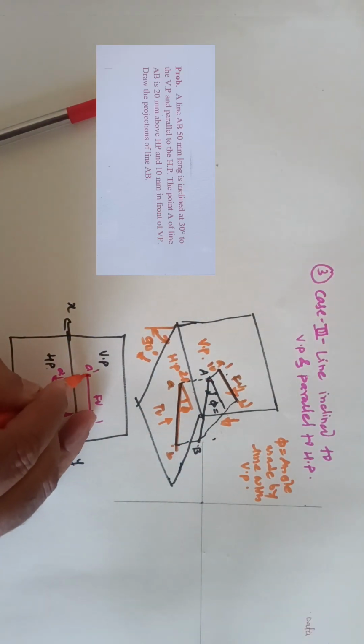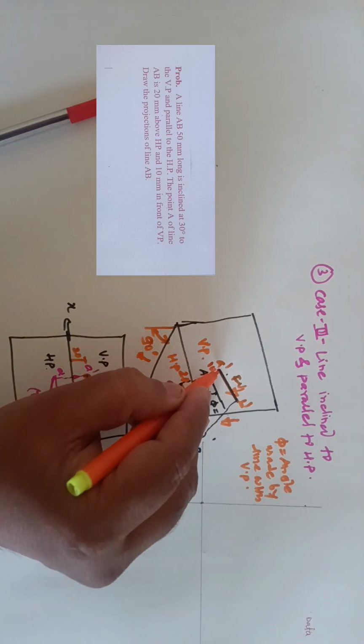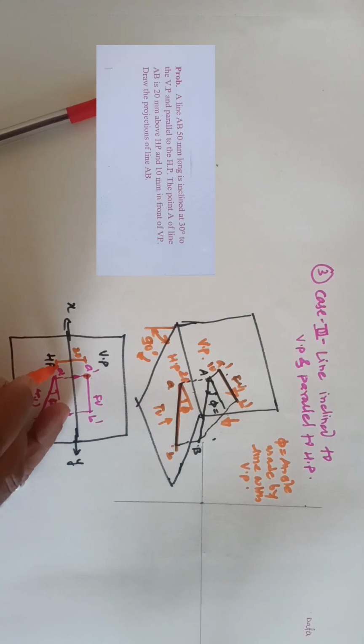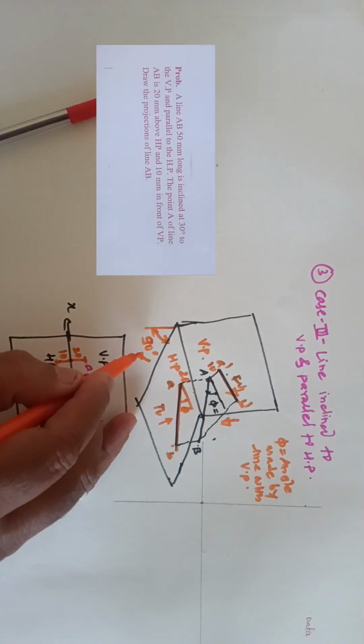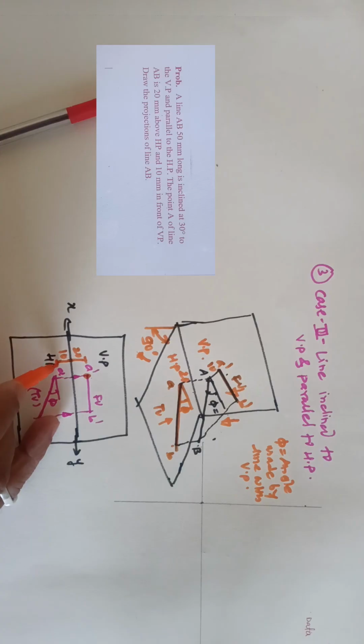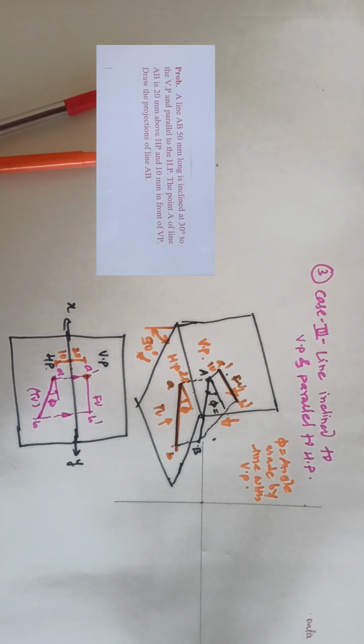So when we draw the front view A dash, we draw it at a distance of 20 mm, and when we draw the top view, the point A is drawn at a distance of 10 mm, because this in-front distance goes below XY when we rotate that HP by 90 degrees. So we locate that point A at a distance of 10 mm and A dash at a distance of 20 mm. Now I have drawn it approximately, but when we draw with exact dimensions, we will correct it.